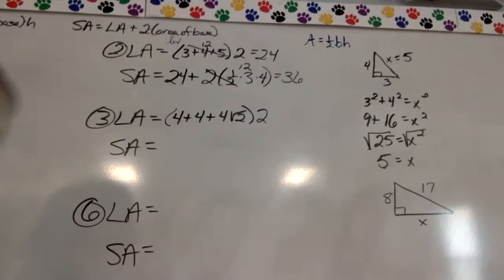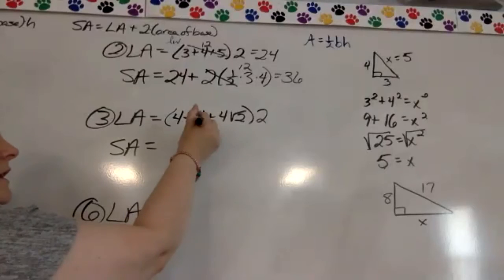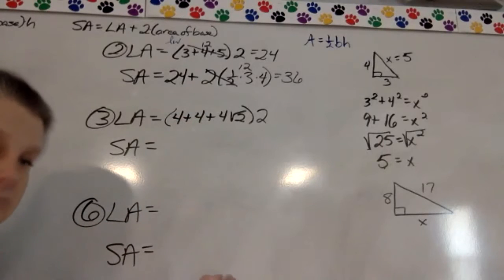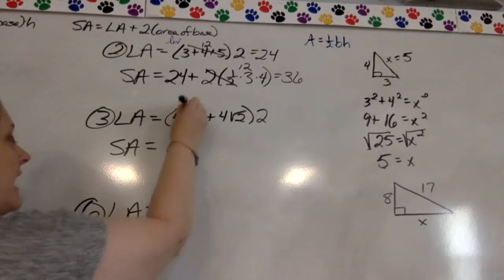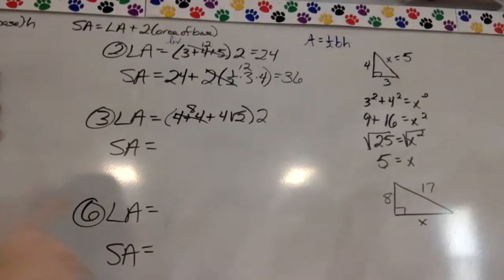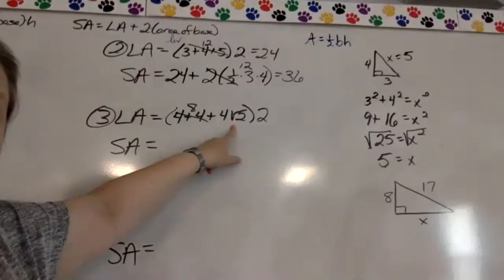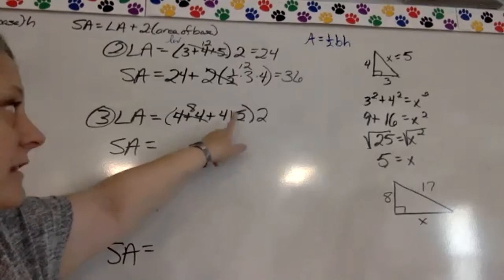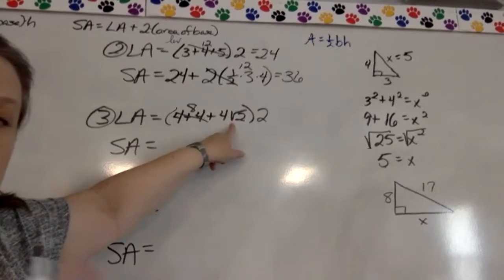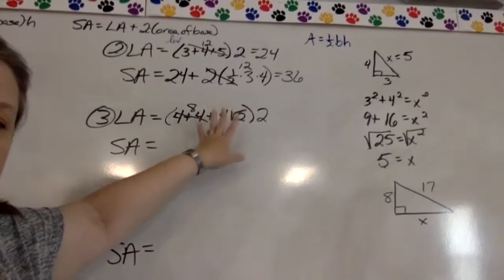So we add what's in there together, and then we're going to multiply it by 2. So 4 plus 4 is 8, right? Now, I cannot add this 8 with this 4 square root of 2 because they're not alike. This has that radical on there, so it kind of makes it on its own.